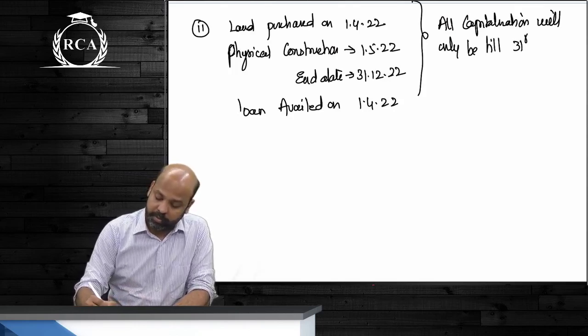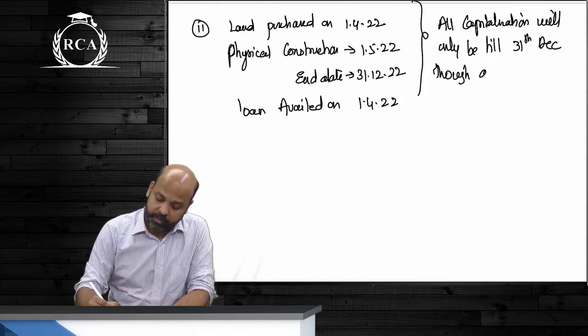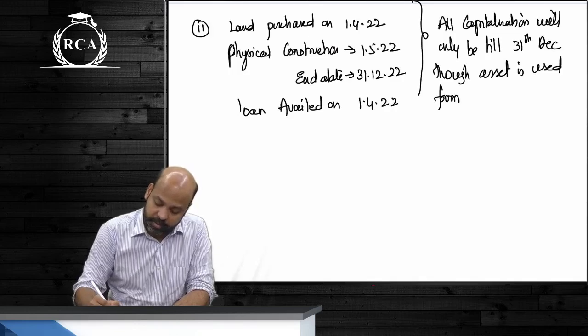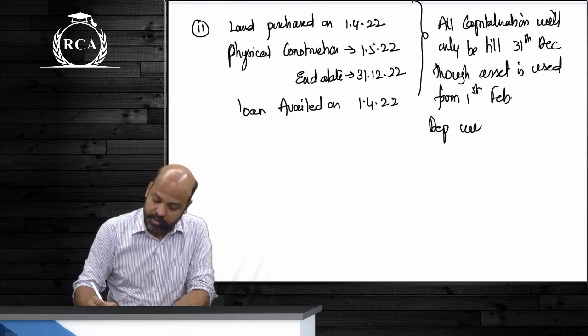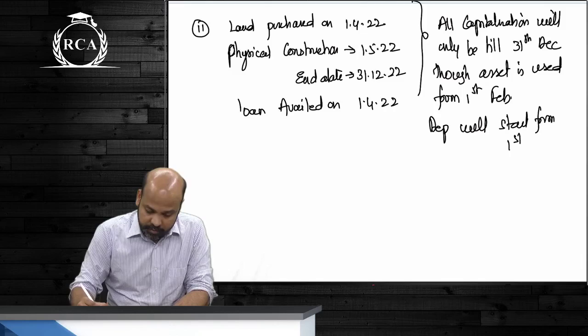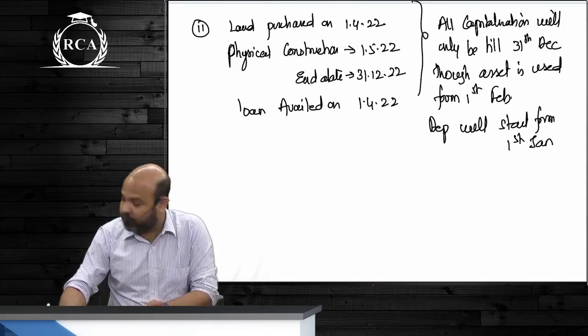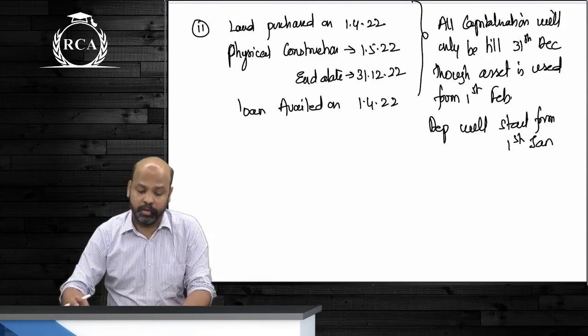31st December. Though the asset is used from which date, beta? 1st Feb. Depreciation will start from which date, guys? 1st Jan. Depreciation, beta, will start from 1st Jan.